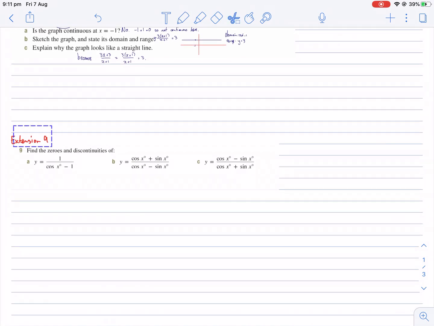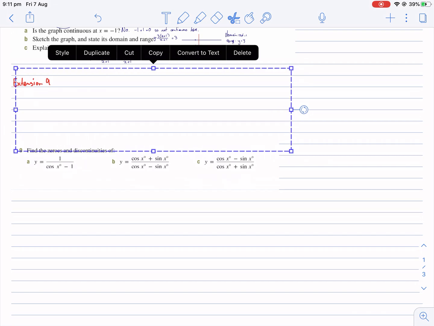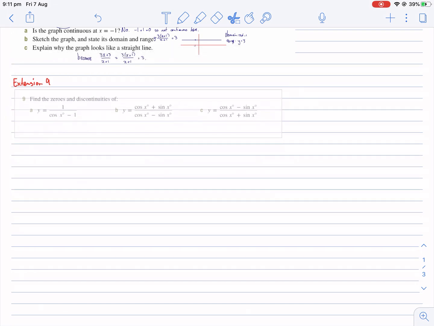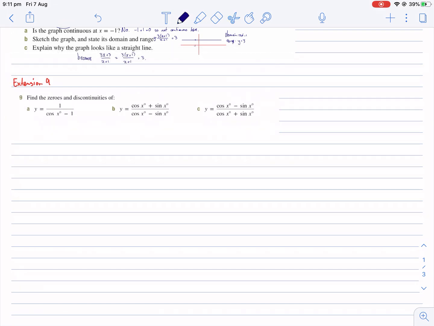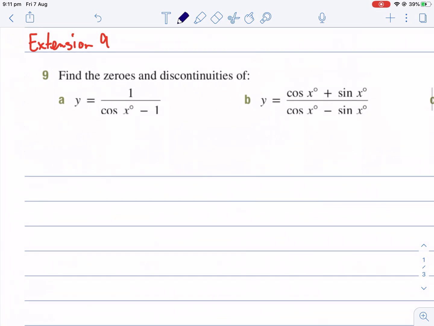Okay, this is an extension for students doing extension. This is the challenge question for them. So the zeros, none, because 1 over anything does not equal 0.